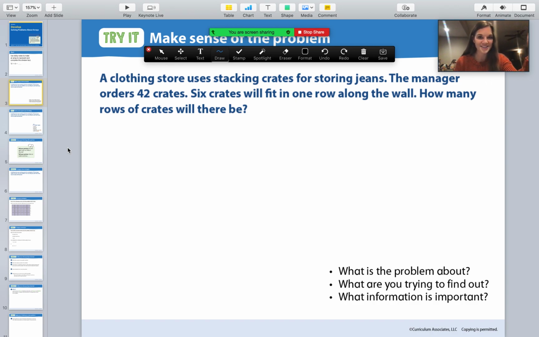Or if we put 6 in each row, how many rows there will be. So what information is super important here? So knowing the number altogether, 42 crates, and that there are 6 crates that will fit in a row.